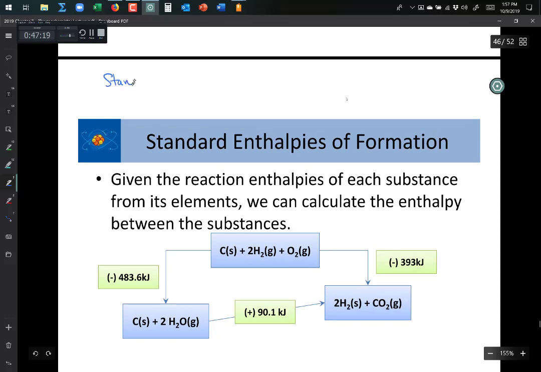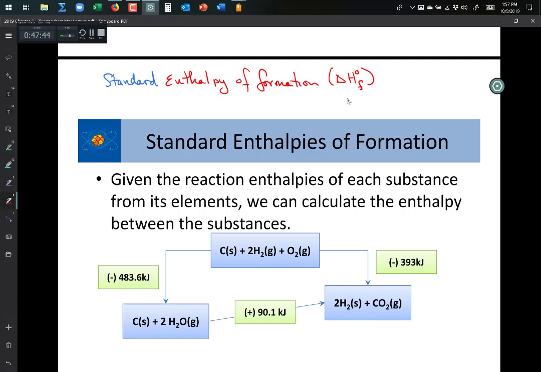I'll just rewrite the definition. Standard enthalpy of formation. It has some symbols that are important. Delta, H, F, and a naught at the 0 like that. The F is for the formation, and the naught is for standard states. And I apologize because chemists didn't use standard STP.